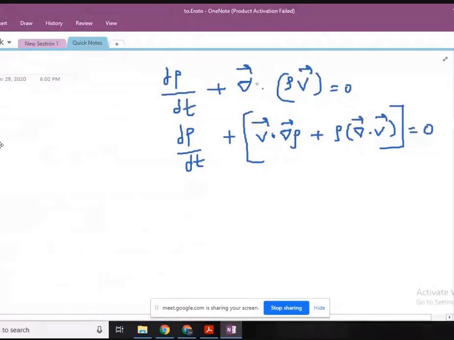This part is expanded to this. Now let me write.